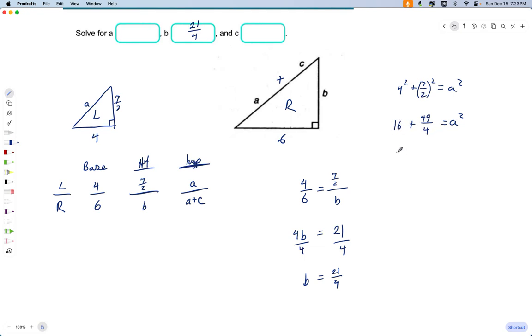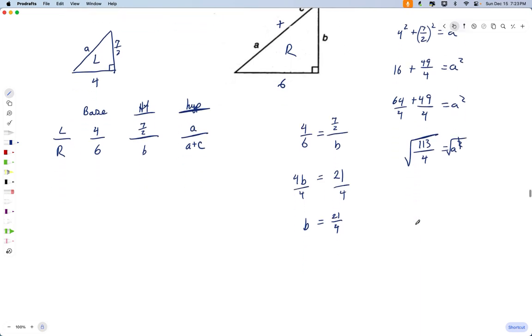So 64 plus 49 over 4. So that's going to be 113 over 4 is equal to A squared. Unsquare both sides, and we get square root of 113, and the square root of 4 is 2, and then this becomes A.